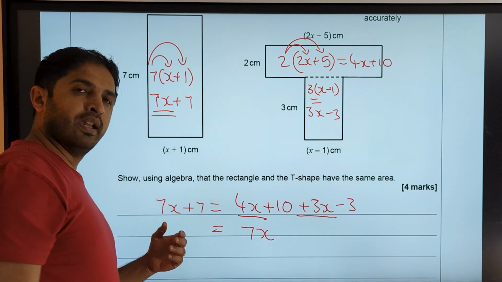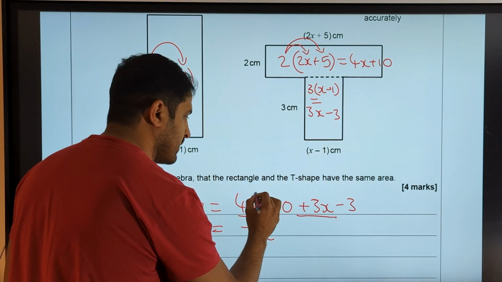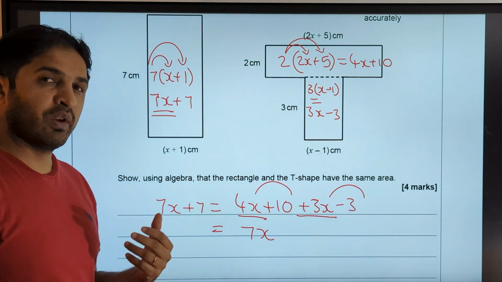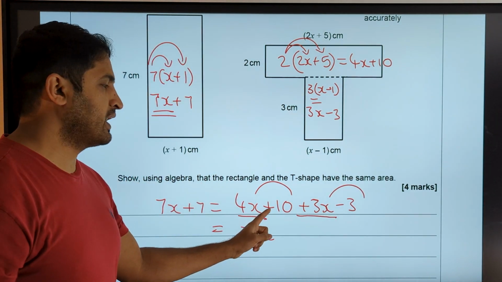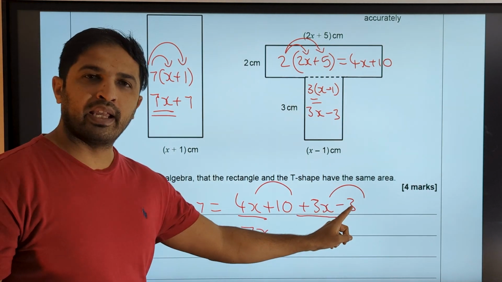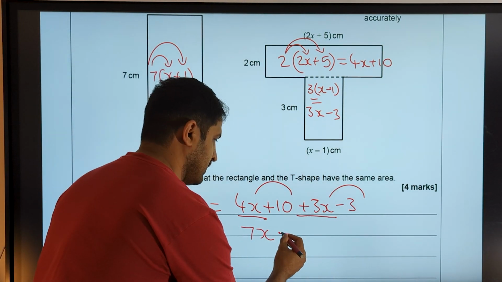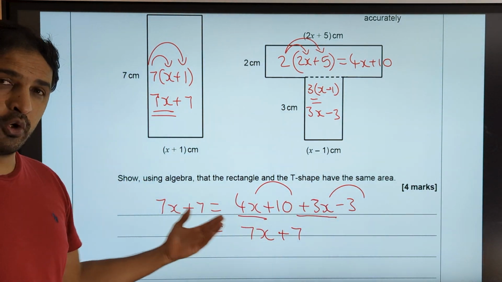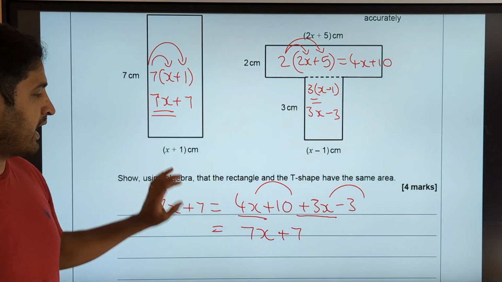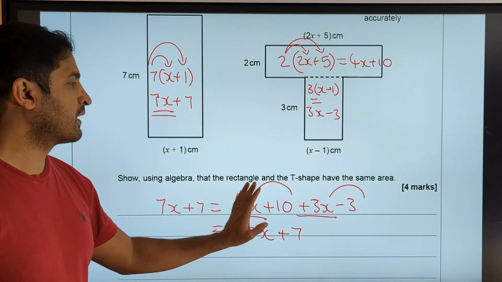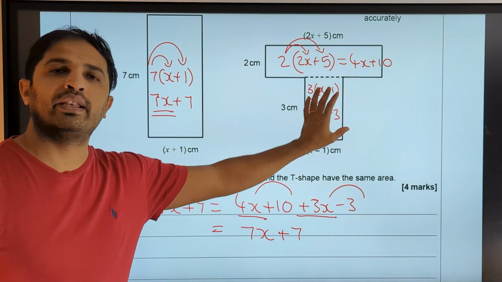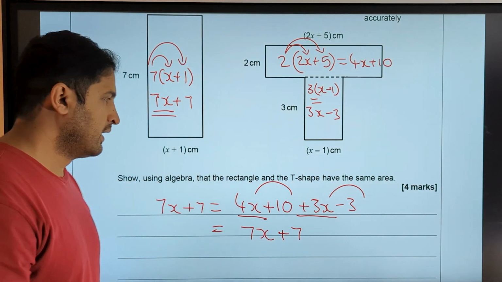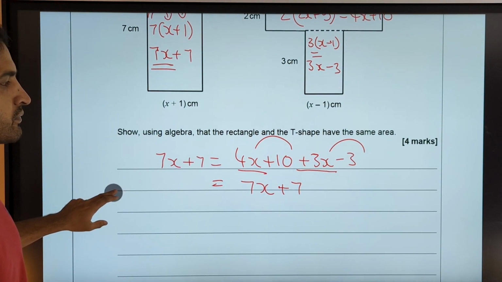And then add the numbers together. Remember, the sign in front of a number or letter goes with it. So that's a positive 10, add negative 3 gives you positive 7. So you get 7x plus 7 from the right hand side. We've just shown the area of the left hand side is 7x plus 7, and so is the right hand side. So the area of that T is 7x plus 7 as well. That gets you those 4 marks.